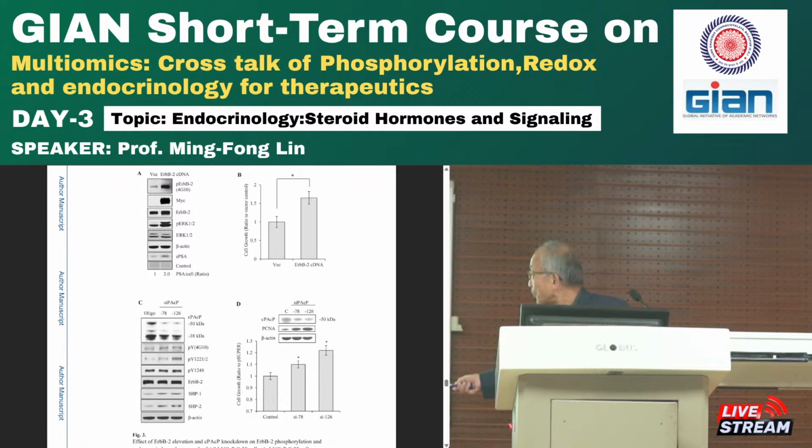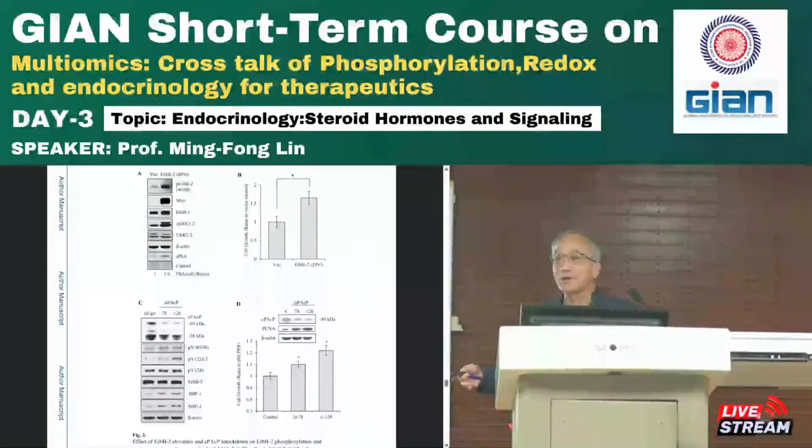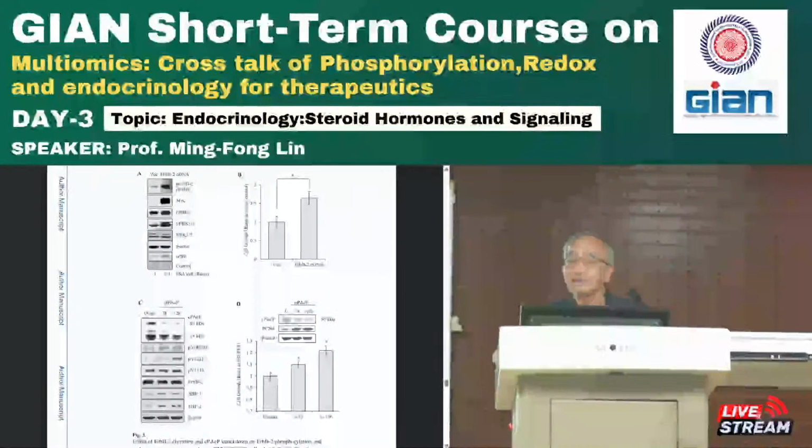In the prostate cell, they also express these two proteins, but when they go up, ERB2 phosphorylation goes up. What does it mean? Can they function to interact with ERB2? Could SHIP1 and SHIP2 regulate ERB2 phosphorylation based on this data?